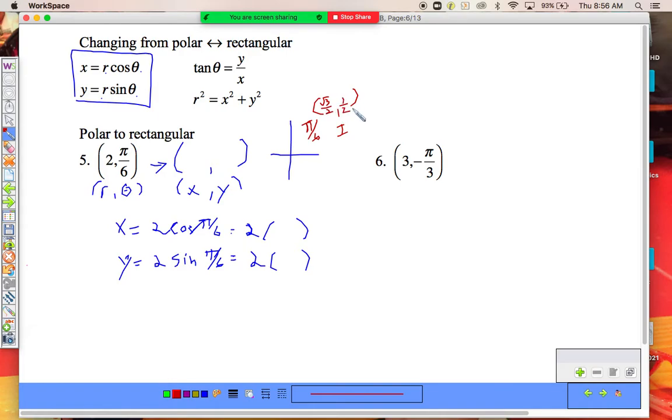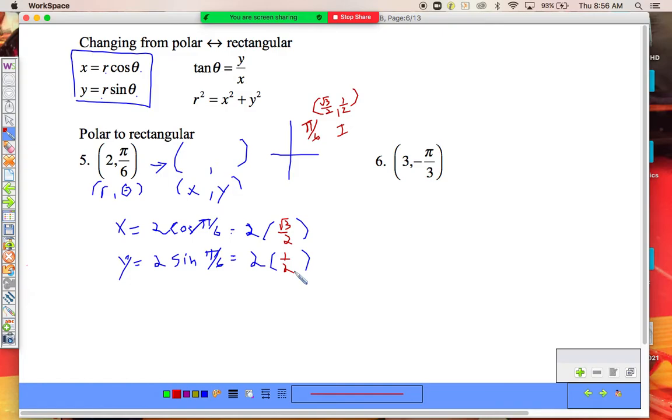My thought is pi over 6 is in the first quadrant, so both pieces are positive. Pi over 6 is the ordered pair square root of 3 over 2 comma 1/2, because 6 is 3 times 2, is how I remember. Cosine is my x value. Sine is my y value.